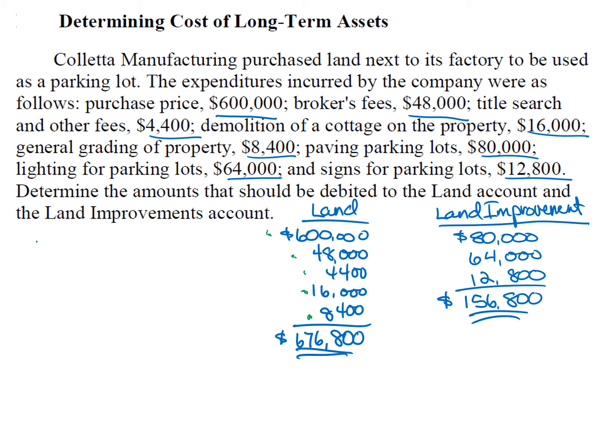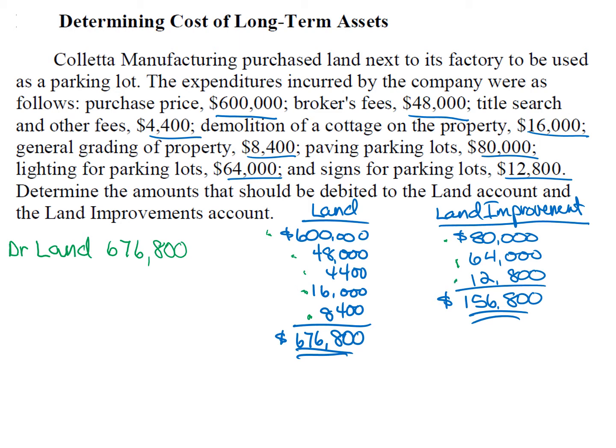So when we debit land in this acquisition, we're going to debit land for $676,800. That's one of the debits. Going on, we see that we paved the parking lots, so that's specific to the parking lot, so it's a traceable cost. That goes into the land improvement or the parking lot. Lights for the parking lot also go into the parking lot. And the signs for the parking lot also go into it.